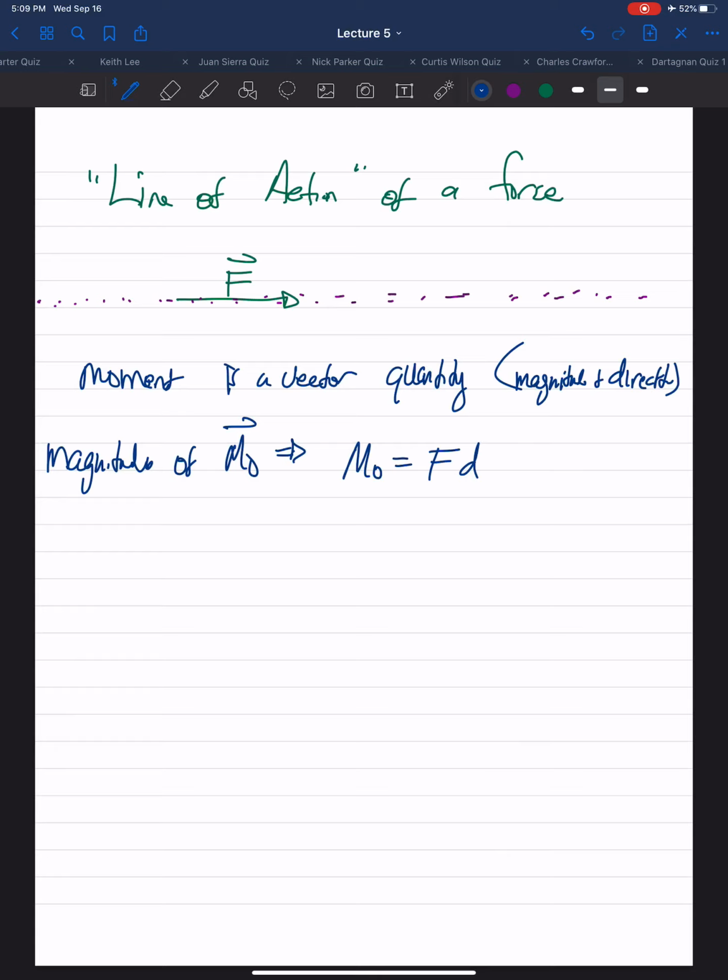And what we mean by that perpendicular distance is the distance from the point you're causing the rotation about and where the line of action of the force applies.